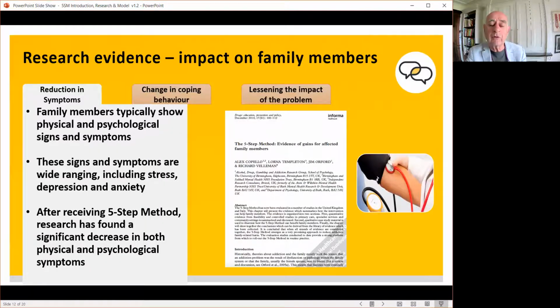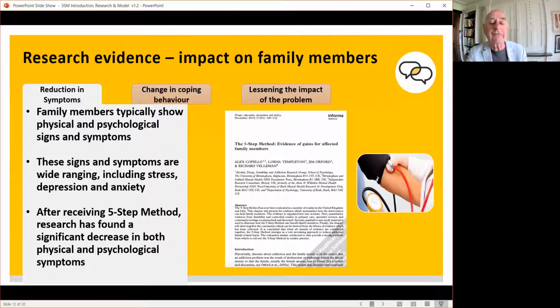I think it's important to underline the fact that not only is the 5-step method coming from the stress, strain, coping support model, and therefore is evidence-based, but we've also collected evidence about the impact of the 5-step method. So we know that family members typically show physical and psychological signs and symptoms, and these are wide-ranging, and they include stress and depression and anxiety, as I've said.